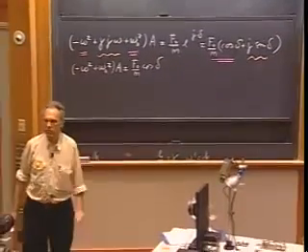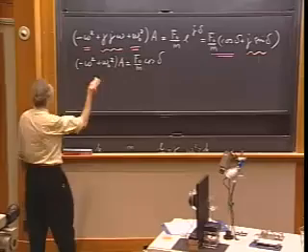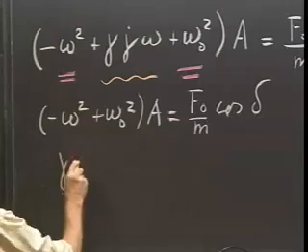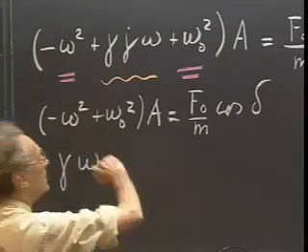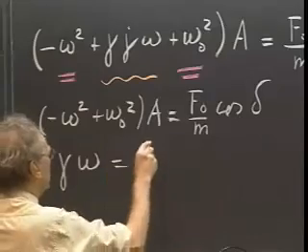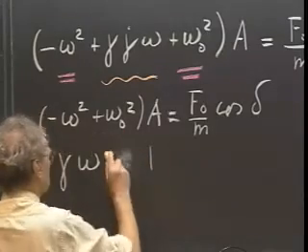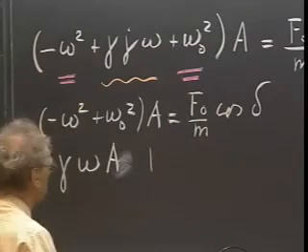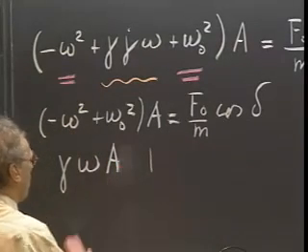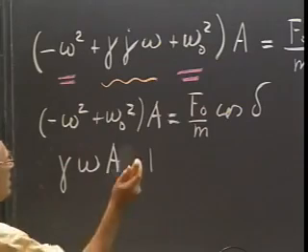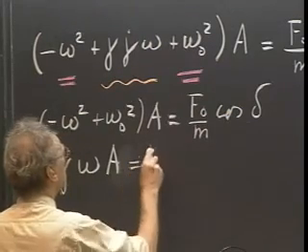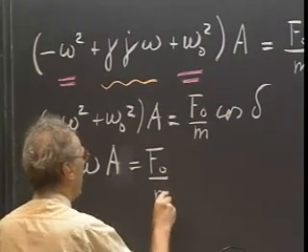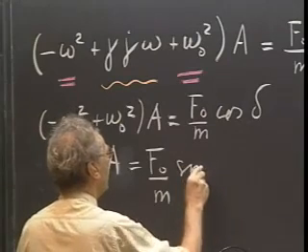Apples on both sides are equal, and now we get the oranges on both sides. Gamma omega times A, I still have this A here, equals f0 divided by m times the sine of delta.